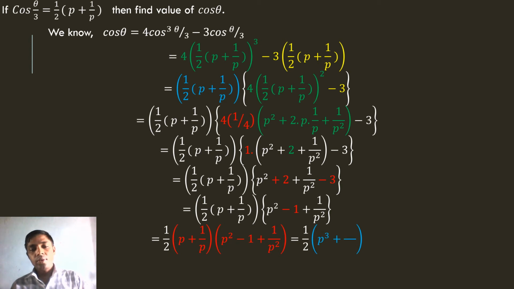So you can see here 1 by 2 times p cube plus 1 by p cube. So we have got the a cube plus b cube formula. So this is the value of what? Cos theta. Therefore cos theta equals 1 by 2 times p cube plus 1 upon p cube. This is the final value of cos theta from cos theta by 3.